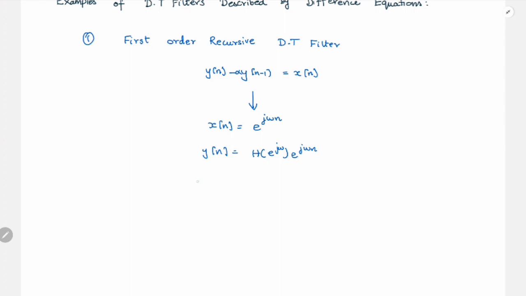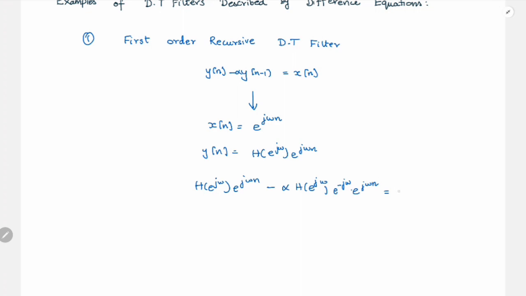So then what I will have? H of e power j omega n minus alpha into h of e power j omega. Since it is a time shift operation, I just need to multiply it with e power minus j omega n naught, right? Here n naught is 1 into e power j omega n.